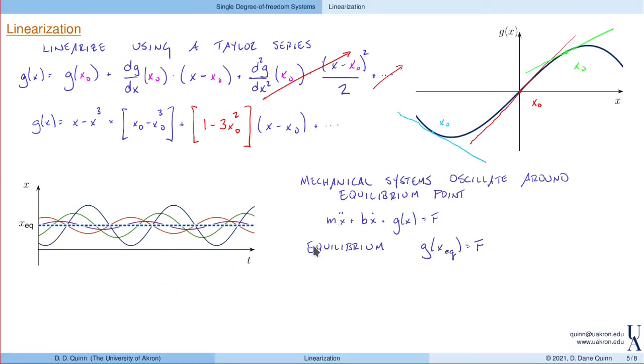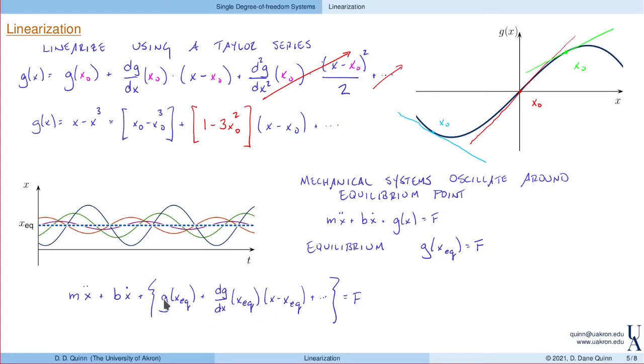So now, this equation of motion that I started off with, I can expand g in a Taylor series. So I end up with m x double dot plus b x dot plus, now, g of x equilibrium plus dg dx at x equilibrium times x minus x equilibrium, and then all those terms that I threw away, which equals f.